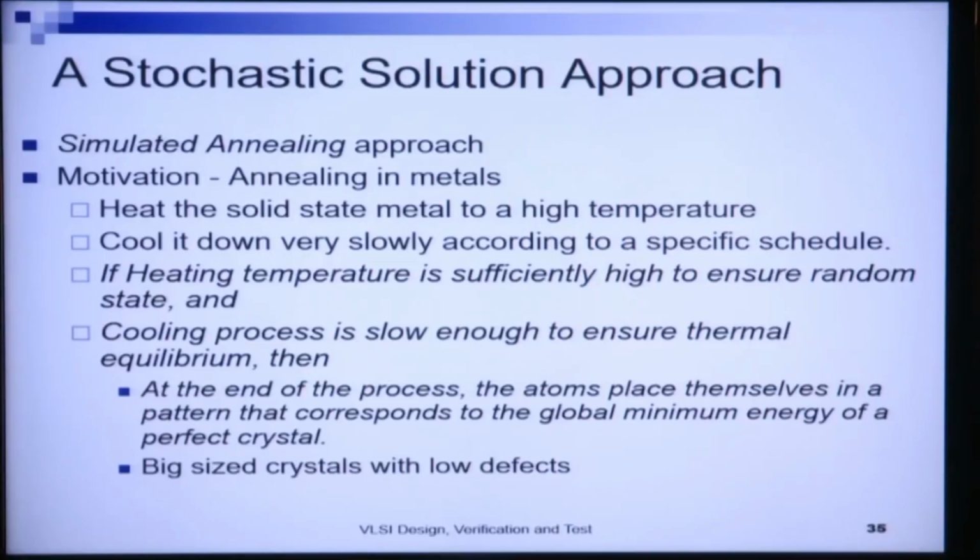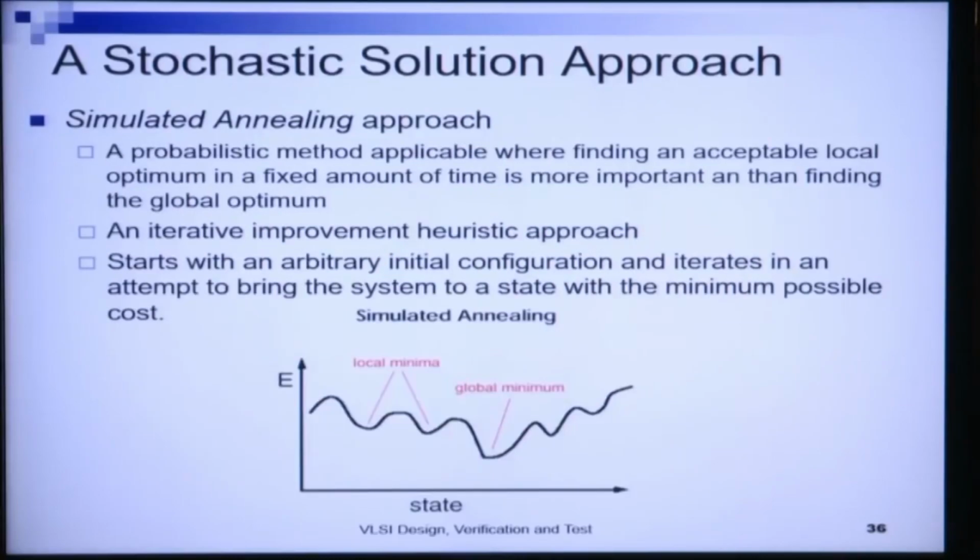So the basic procedure is to heat the metal to a very high temperature and then cool it down slowly using a thermal schedule, so that after the cooling process is done we get big defect free crystals. Now this approach was used in simulated annealing.